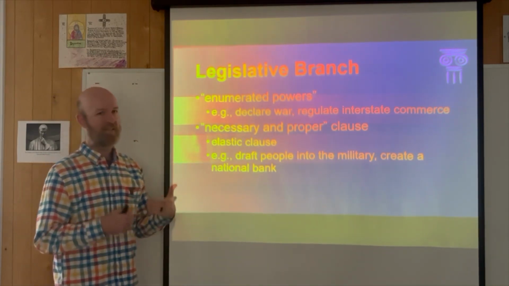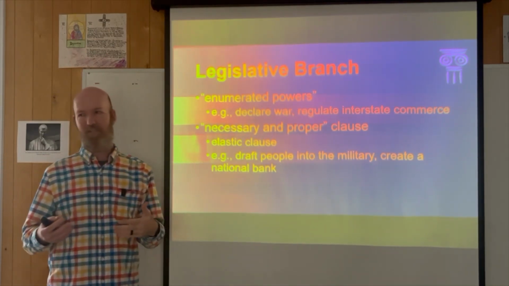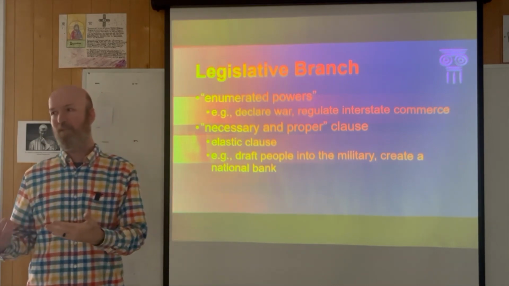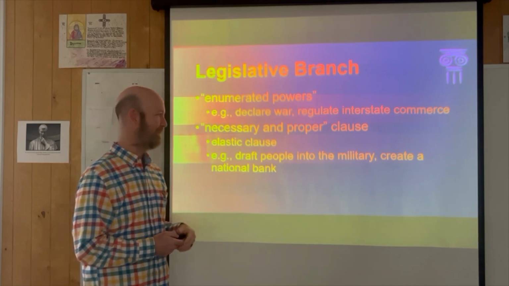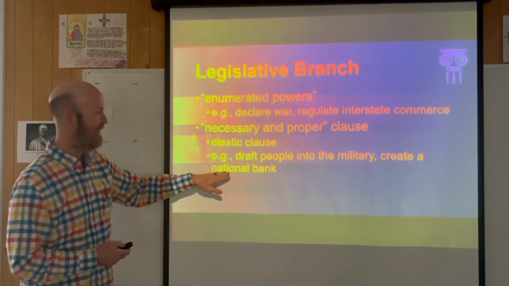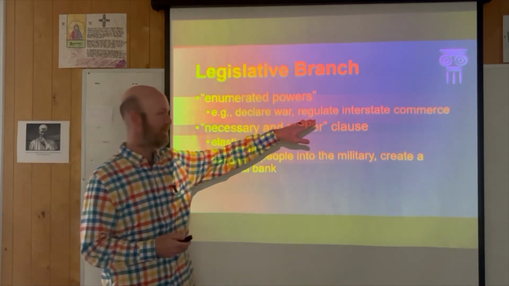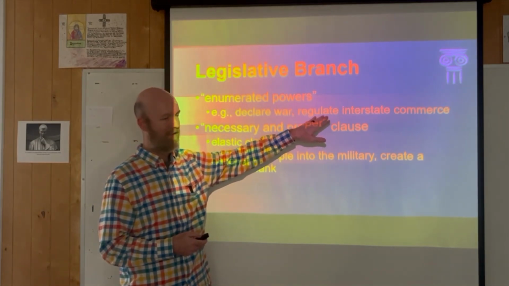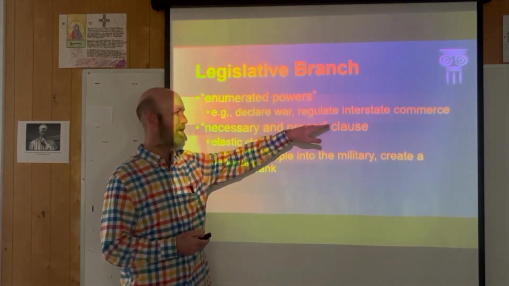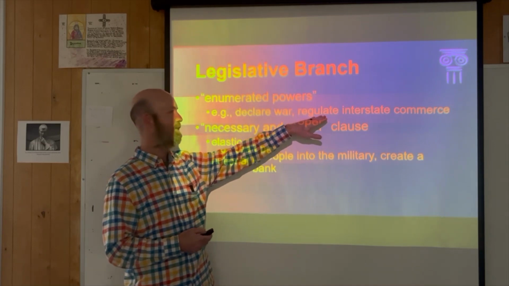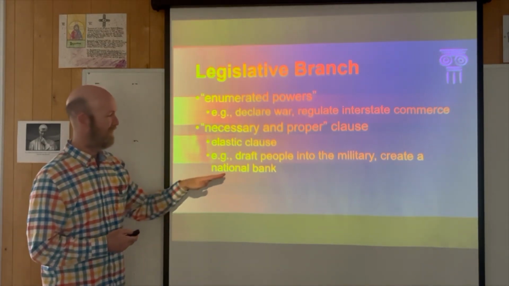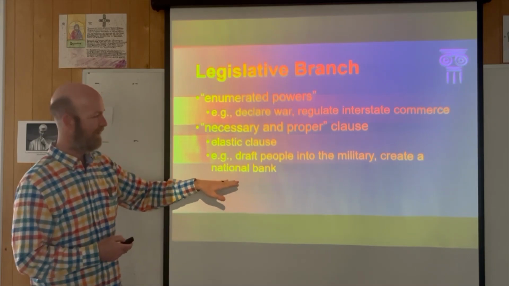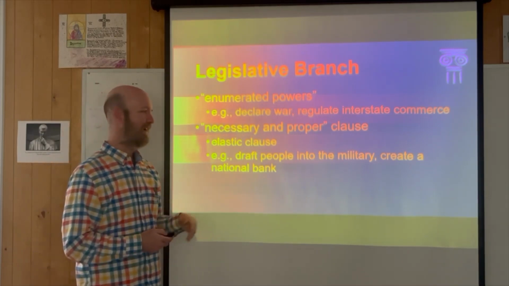If Congress can declare war and send an army, they must have the ability to form an army, and that might require drafting people. Also, creating a national bank, going to the enumerated power of regulating interstate commerce, printing money, things like that. The enumerated power of managing national economies goes to the necessary and proper part of creating a national bank.